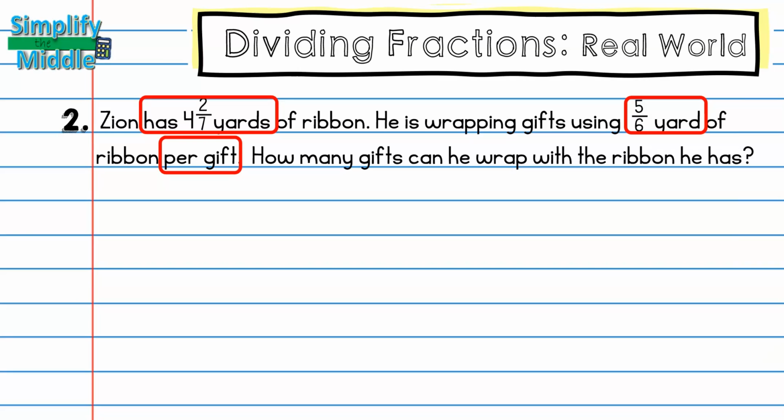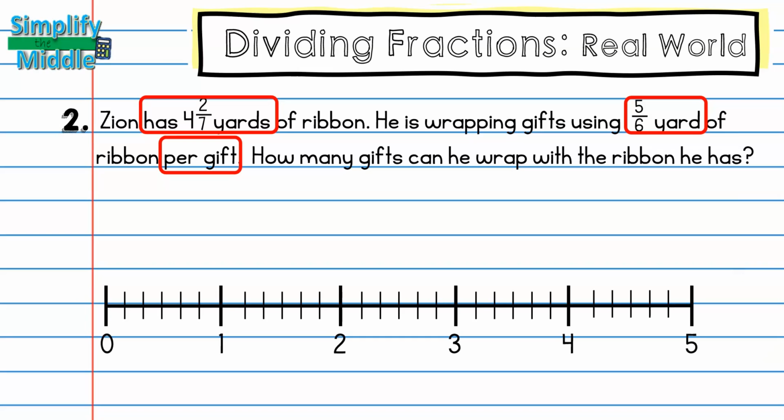So I could use my strategy here of a number line, and I have a number line that goes from 0 to 5, and my number line has been split into sixths because I'm looking for groups of 5/6. Since I don't know what that would look like with the 4 2/7, I'm going to use an estimation to draw out this green line representing my 4 2/7. Right here, I'm just trying to get an idea of what kind of answers would make sense or be reasonable.